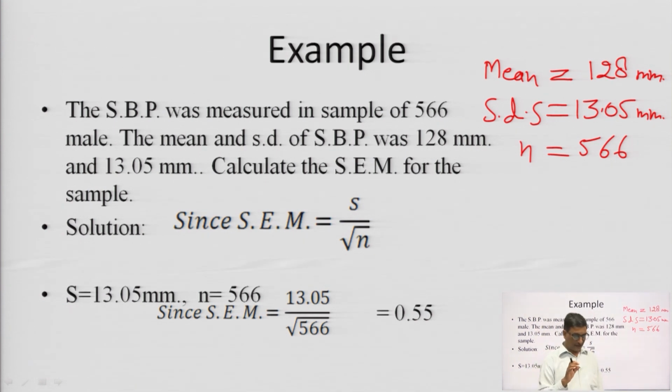So, this is the standard error of mean, and today we have learned some points. Null hypothesis: a null hypothesis is a hypothetical statement which we want to reject in our study, and in this we consider there is no significant difference between the two means, or there is no association between the explanatory and response variable.